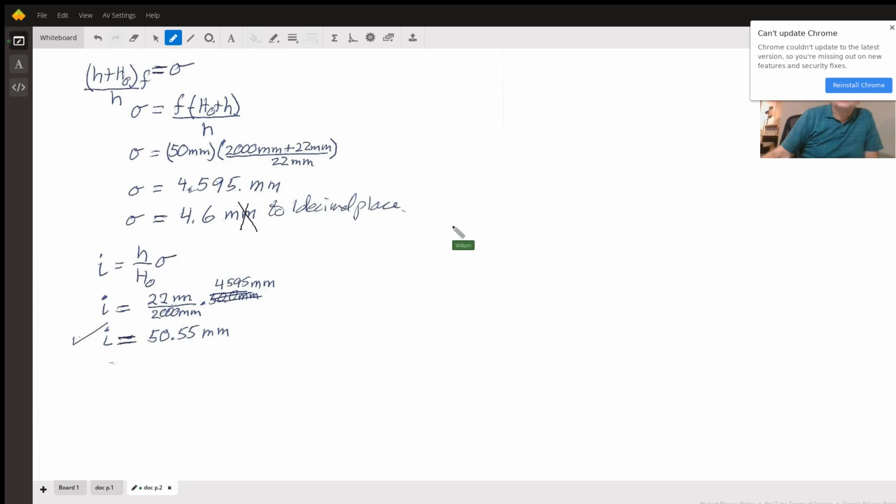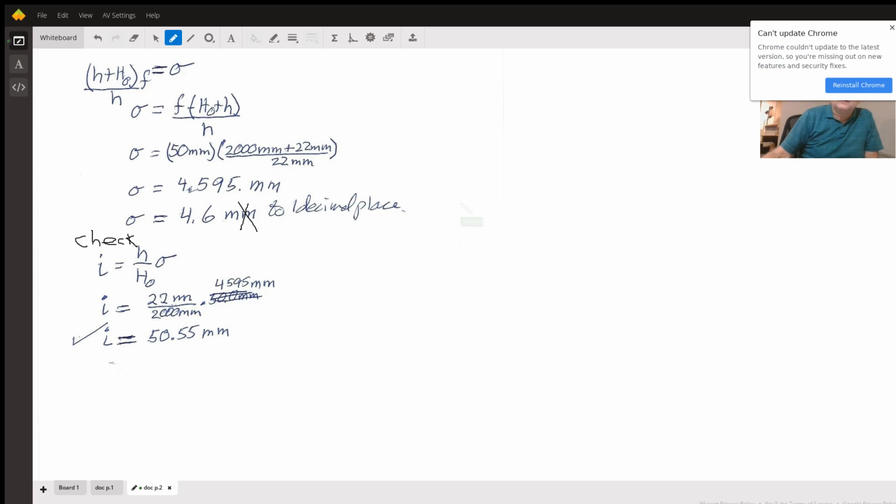We can check that answer. We'll call this check. By plugging the numbers that we know into the relationship between the two triangles up above, I is equal to h, the image height, over the boy's height times the focal distance.